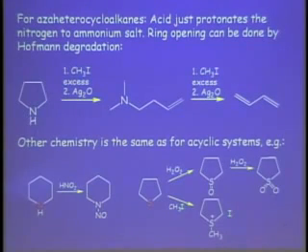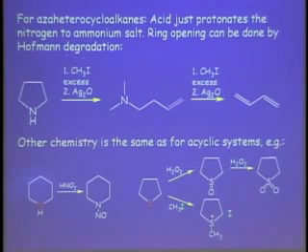So if you take this guy and you argue, well, I'm going to ring open this with concentrated HBr, just like I ring opened the corresponding ether, it won't work. It'll just protonate and make the salt and just sit there. But we know one way to turn the nitrogen into a leaving group, and that's by alkylation.